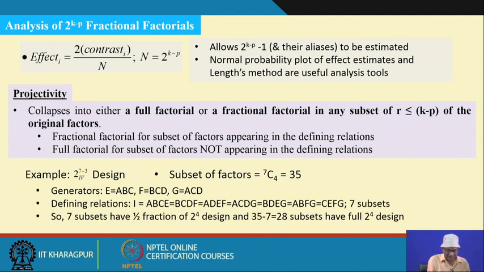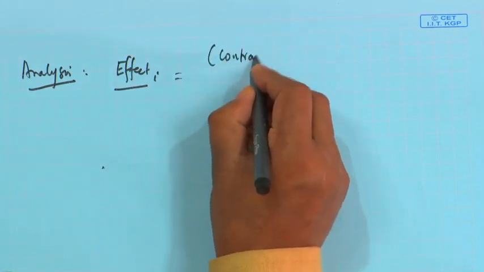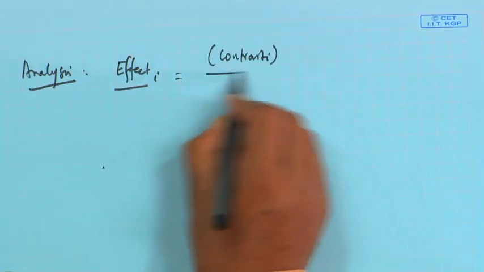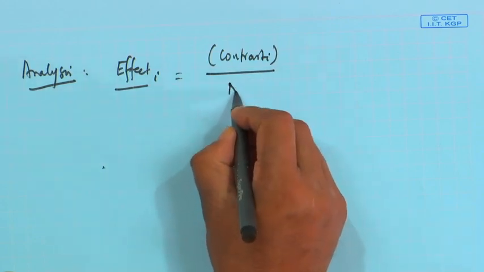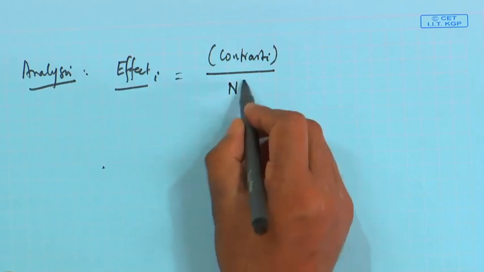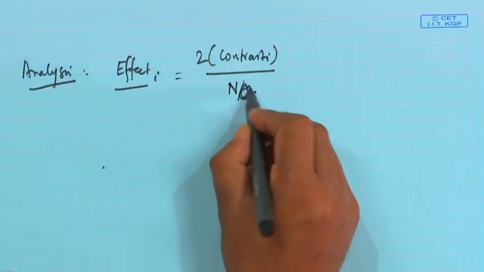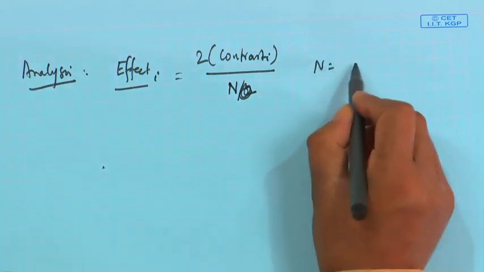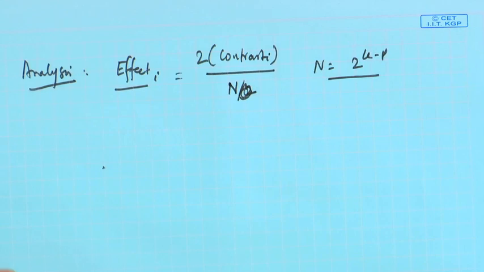Under analysis, you first find out the estimate of effect. So, effect I, all of you know, is the contrast I divided by n by 2, or the other way you can write it, 2 into contrast by n, where n in this case is 2 to the power k minus p.